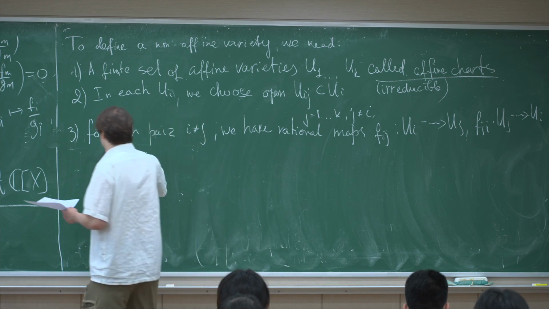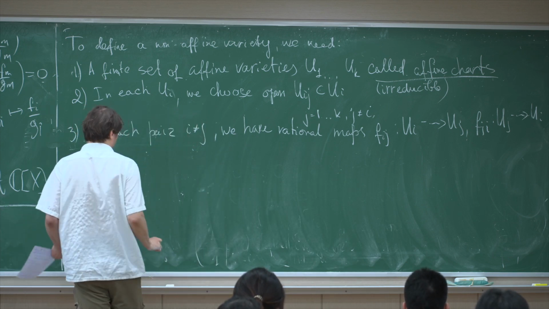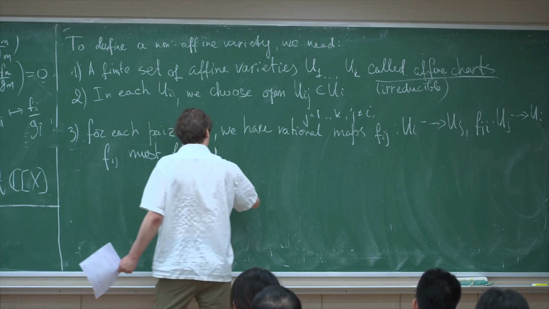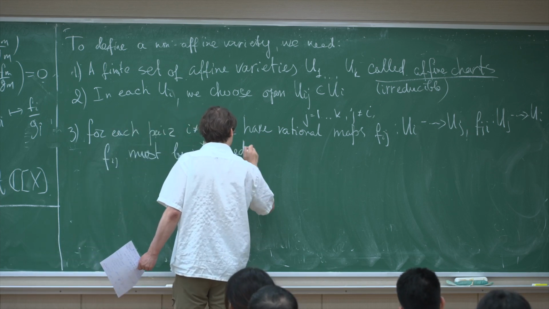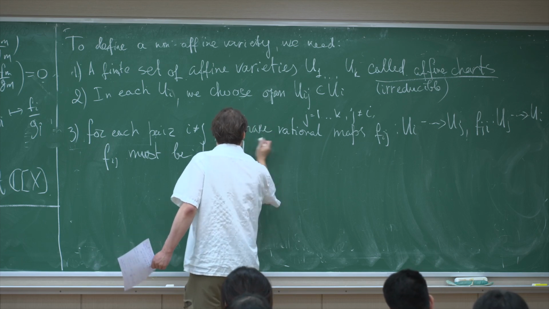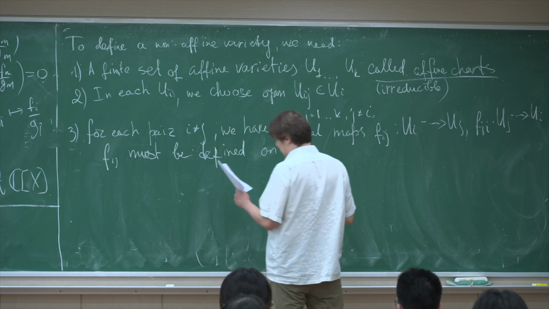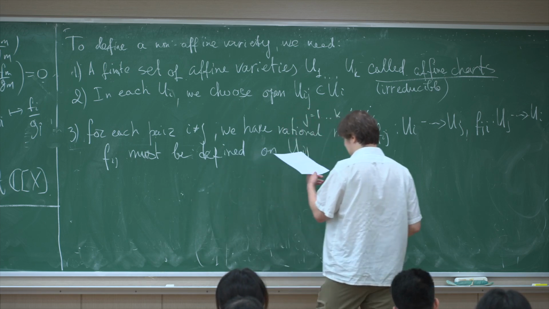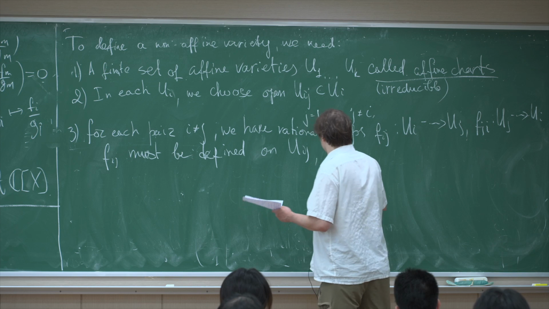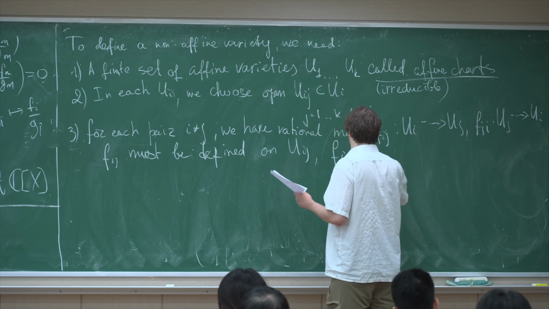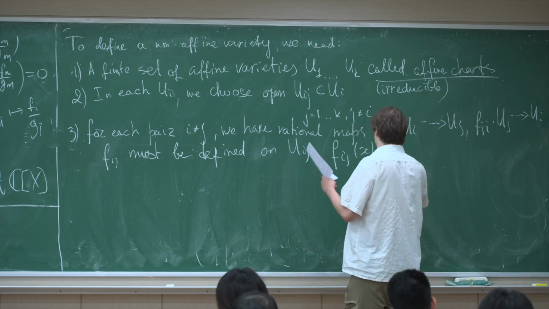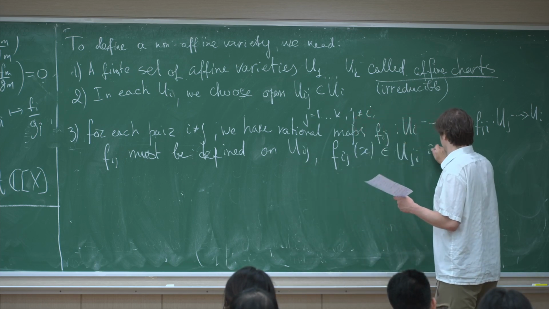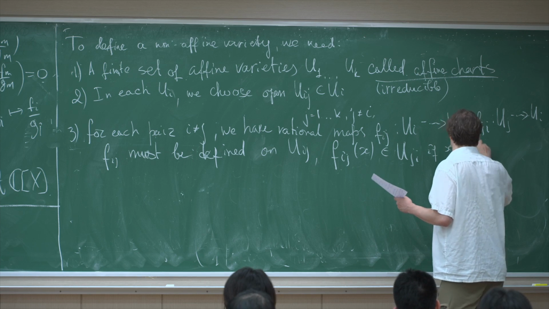So Fij must be defined everywhere on Uij. Fij of x must be in Uji if x is in Uij.